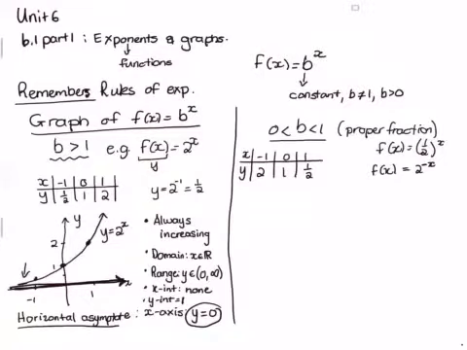So the graph here's my negative 1, here's my positive 1, here's my 1 and my 2. Now negative 1 goes to 2, 0 goes to 1, 1 goes to a half.